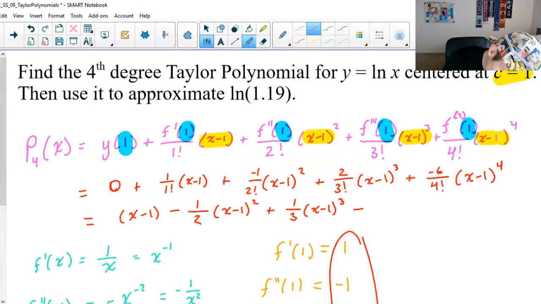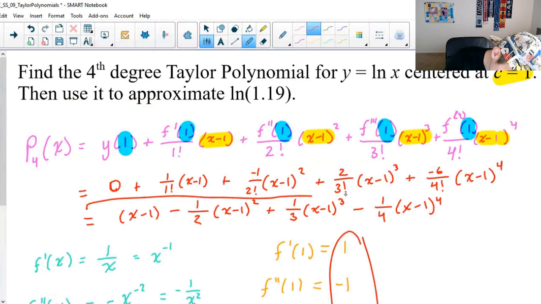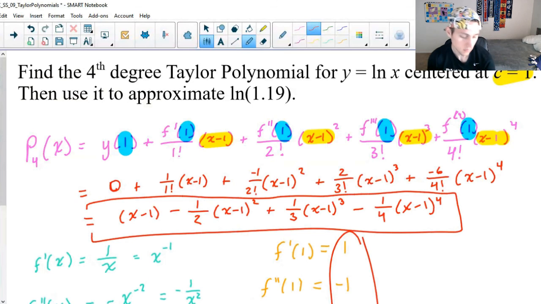So this will become minus 1/4 x minus 1 to the 4th. So this is the 4th degree Taylor polynomial for natural log of x centered around 1.